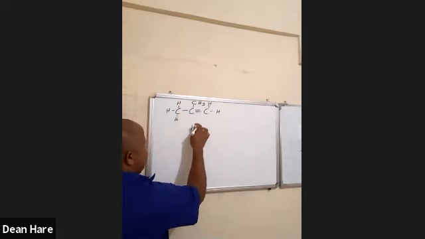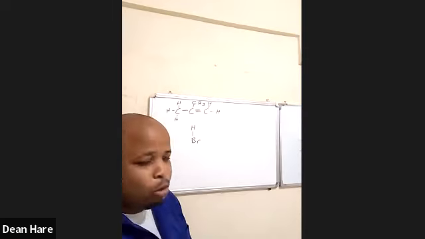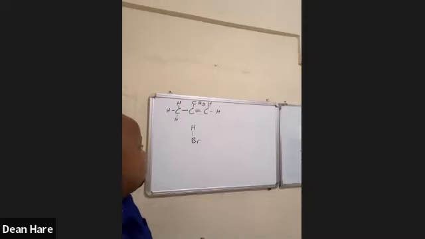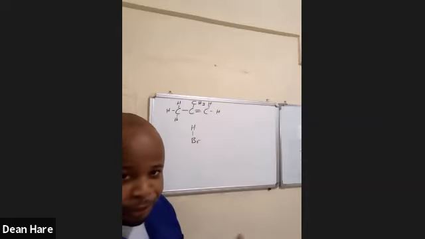Now, is HBr a polar molecule or a non-polar one? Polar. Why is it polar? Because it has two poles, a slightly positive and a slightly negative pole. And how were the poles generated?